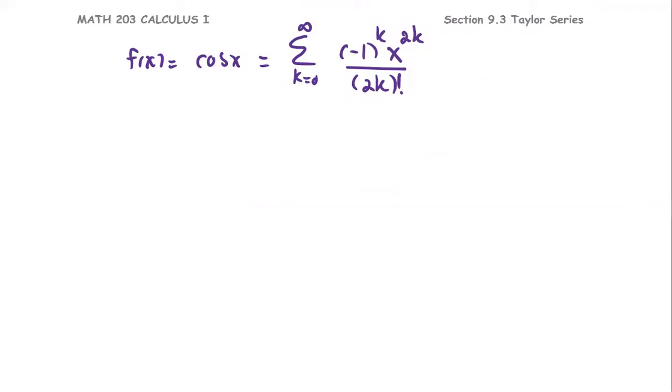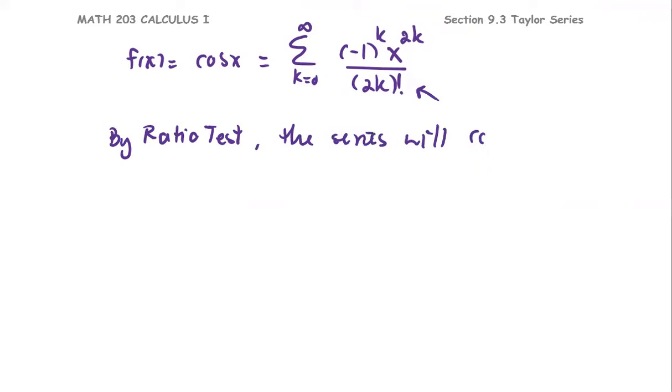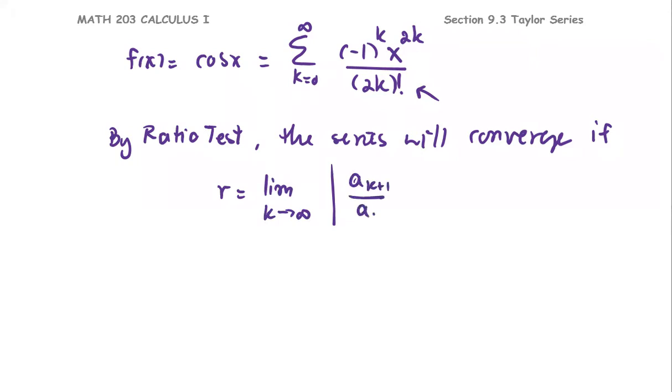First, we're going to look for the radius of convergence. As this series involves factorials, we're going to refer to the ratio test. By the condition of the ratio test, the series will converge if R, which is the limit as k approaches infinity of the absolute value of a_(k+1) divided by a_k, is less than 1.